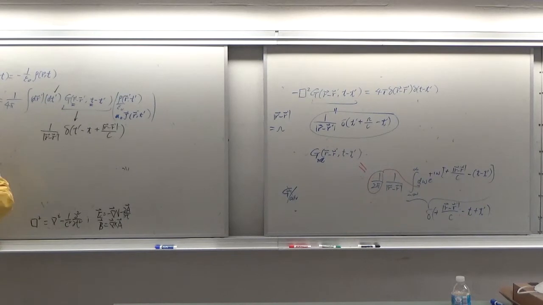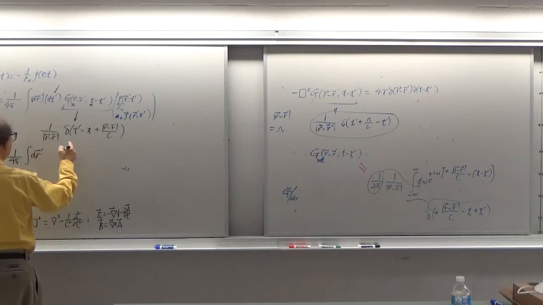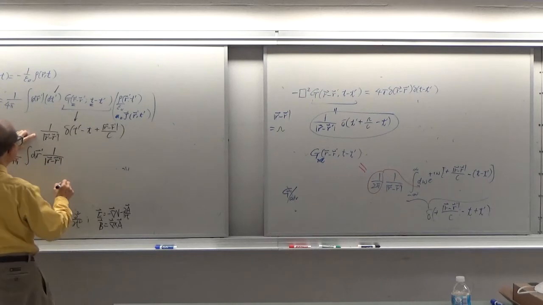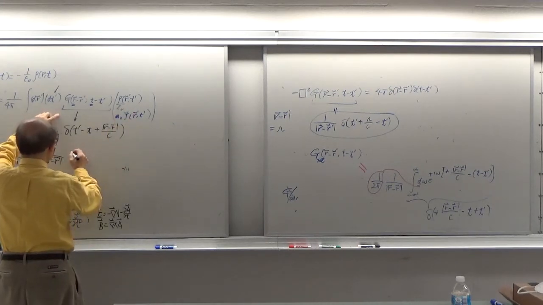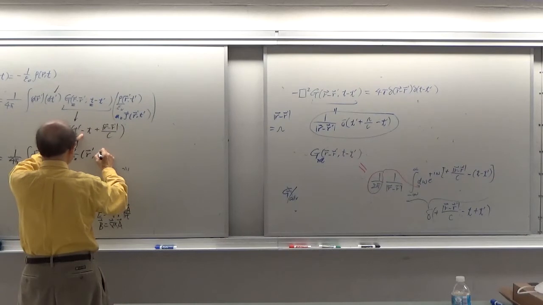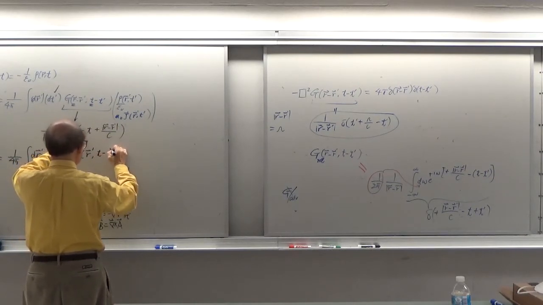So that V of r, t is equal to 1 over 4 pi integral of 1 over |r minus r prime| times rho divided by epsilon naught at r prime, and t prime now is given by t minus |r minus r prime| over c.